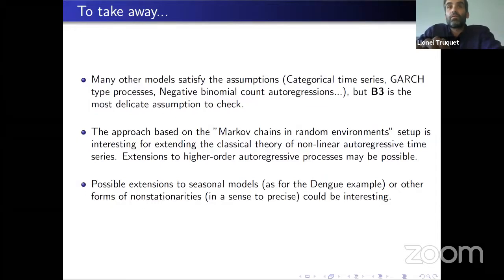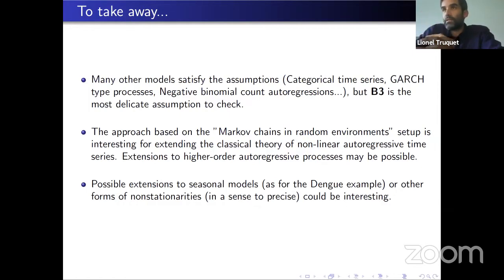So it could be possible to consider higher order autoregressive processes. Maybe it will have some technical difficulties, but actually I do not think that the technicalities will change very much. Another possibility, which will probably be more compatible with the data set that I presented at the beginning of the talk, could be to extend this to seasonal models, that is to take into account seasonality and the same for exogenous covariates.